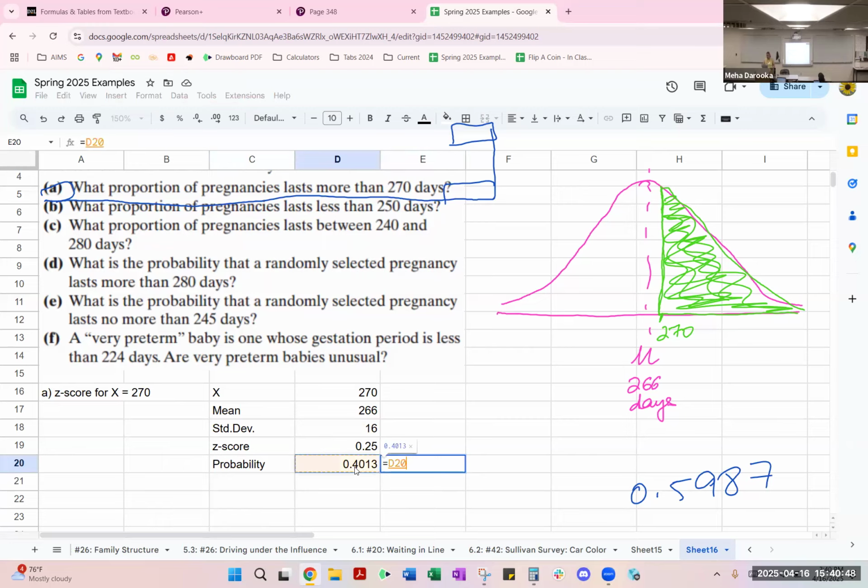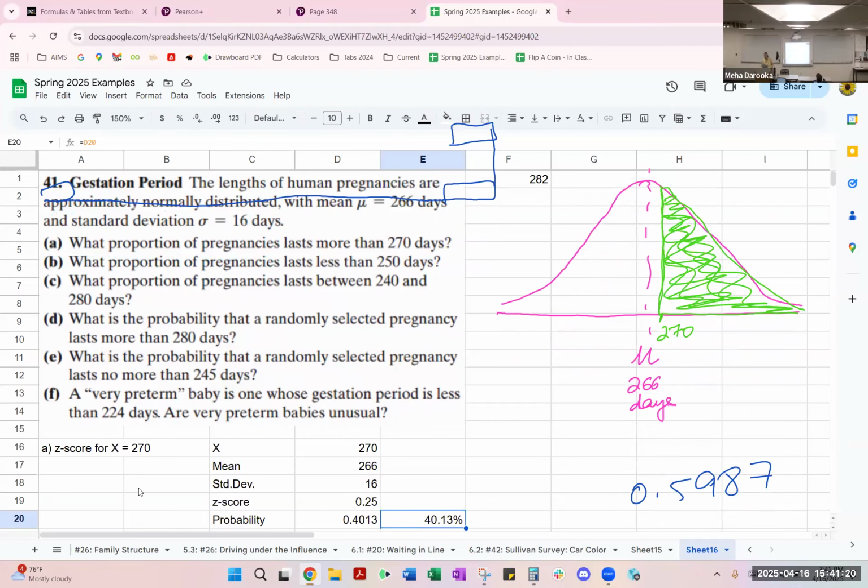So let's convert this number to a percentage. You can use these little formatting options at the top, and just clicking on that changes the decimal to a percent. So approximately, if we were to randomly select a human pregnancy, we would say about 40% of those would be longer than 270 days. And of course, that's always a possibility because these are such subjective cases that every person's time period can come out slightly different.